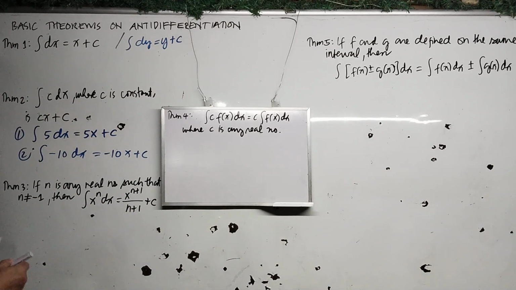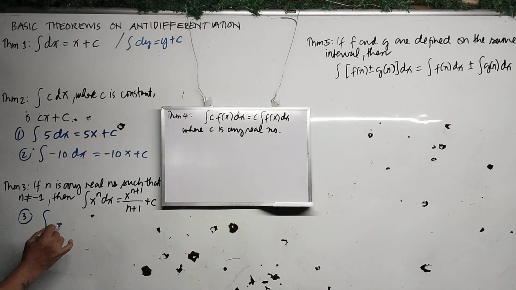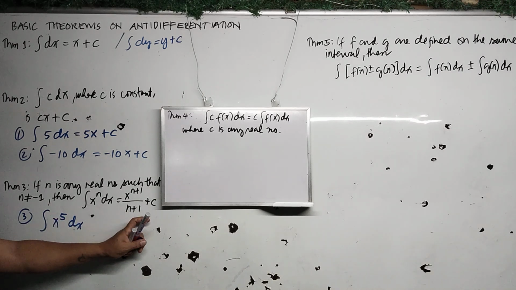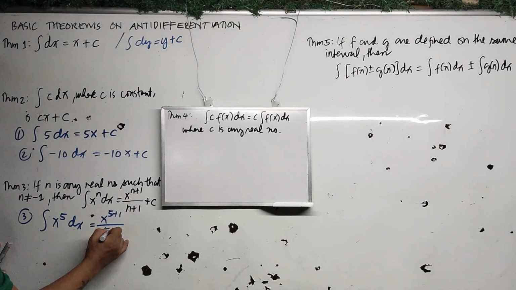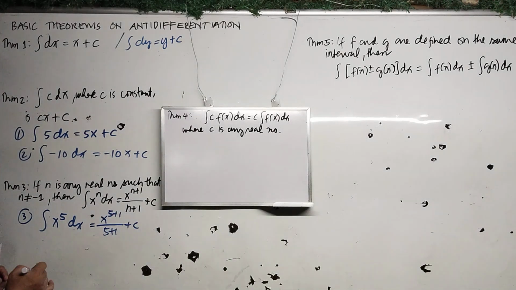To understand it, consider this example. Find the indefinite integral of x to the power of 5 with respect to x. So the power is 5. Then we will just use theorem 3, which is the power rule. So the integral would be x to the power of 5 plus 1 over 5 plus 1 plus c.